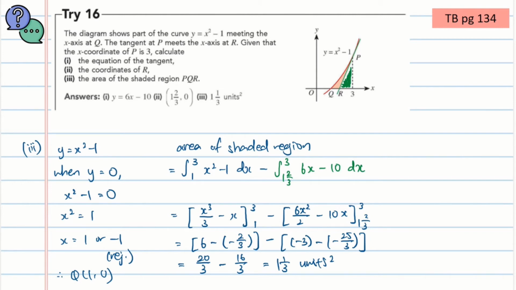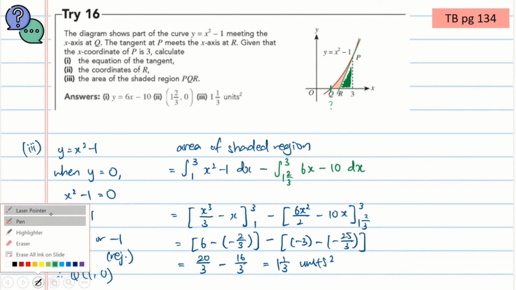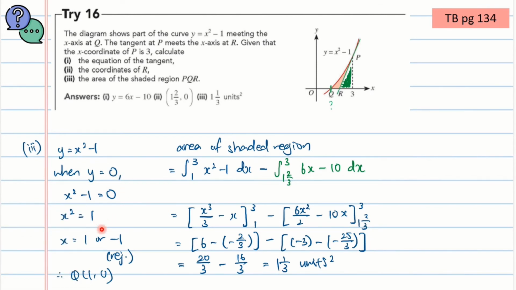Okay, so I definitely need to know what the x coordinate of the point Q is in order to set my boundaries needed for my definite integral. So point Q is found on the x-axis, that means when y is equal to 0, I substitute it into my curve equation, and I will find that x is equal to 1 or negative 1 when I take square root.